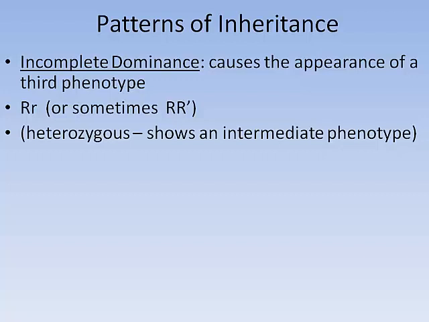In other words, if you have one dominant allele and one recessive allele, instead of getting the dominant phenotype, you'll get a mixture of the dominant and the recessive phenotype. You'll get a third phenotype, an intermediate, whenever you have the heterozygous genotype.